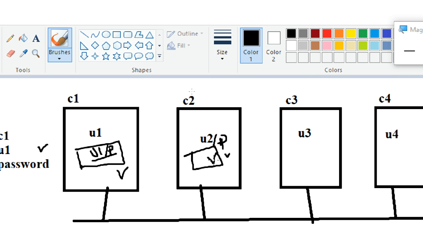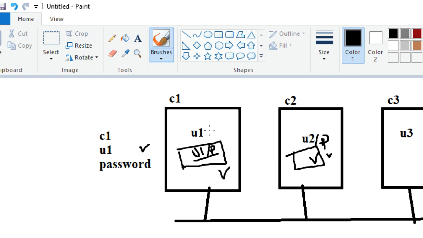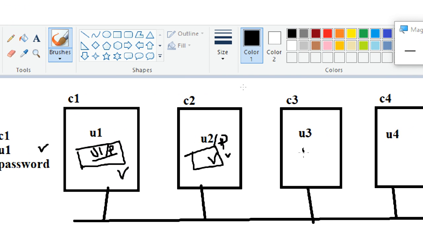There is no centralized authentication. User information is stored in the PC and user authentication is also done in the same PC only.